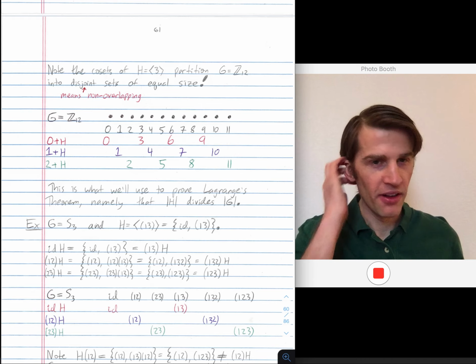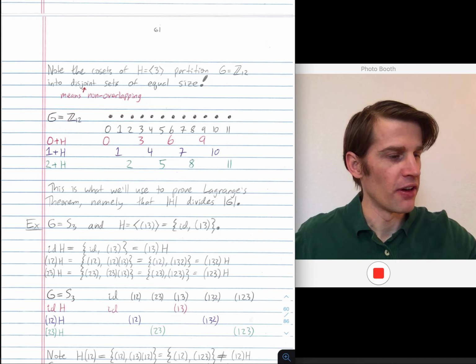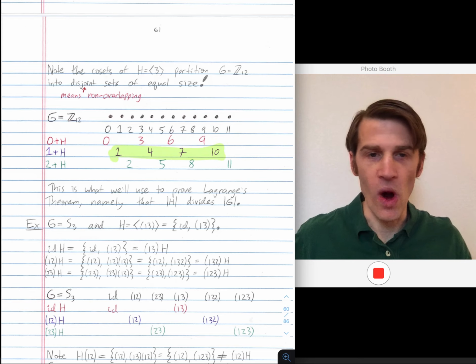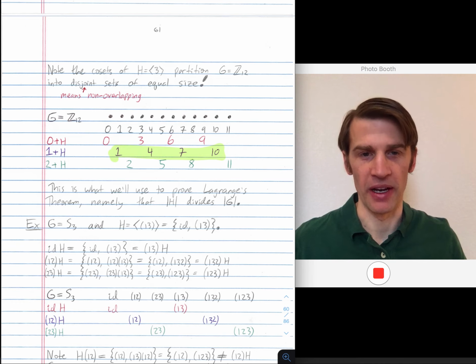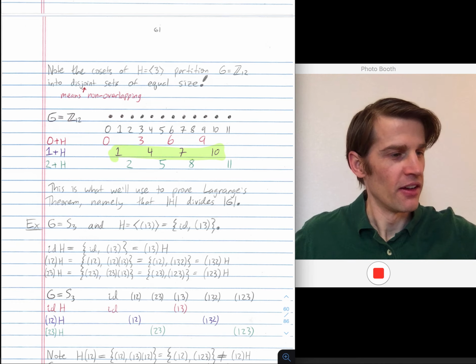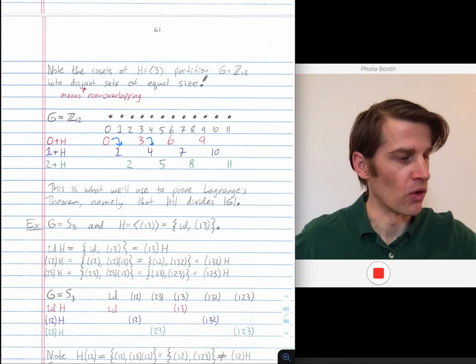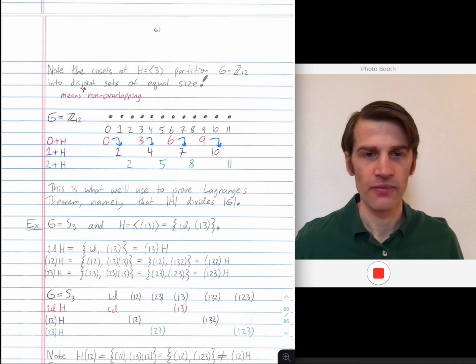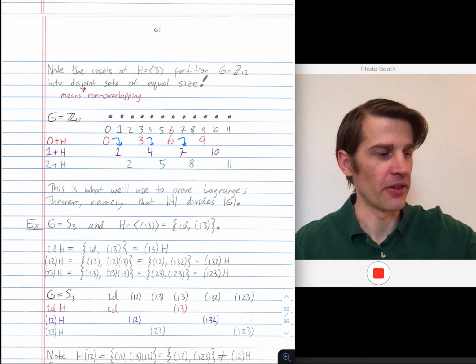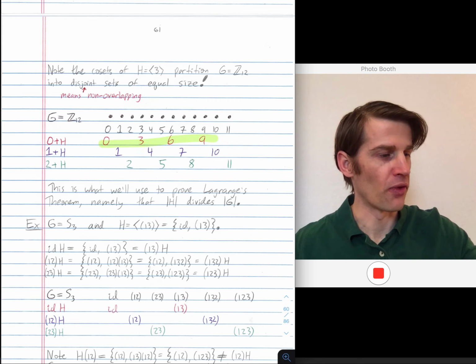For example, the elements of 1 plus H are all things of the form 1 plus an element of the subgroup H. The elements of H are 0, 3, 6, and 9, and if I add 1 to those, I get 1, 4, 7, and 10. Some things you'll notice about these 3 cosets: all 3 cosets have size 4.